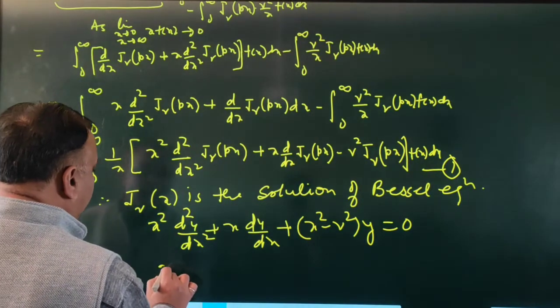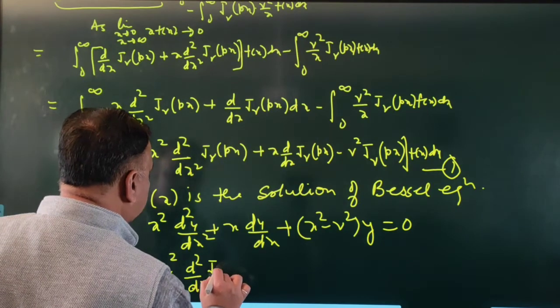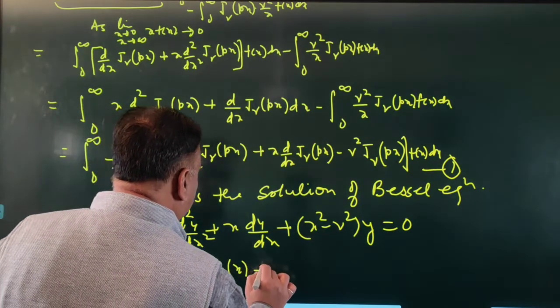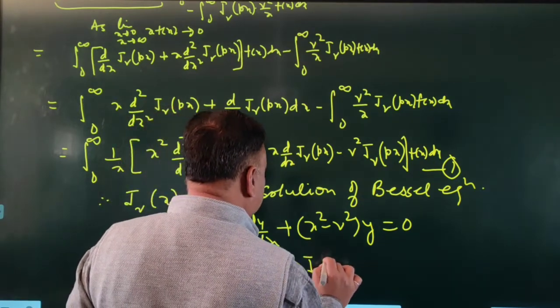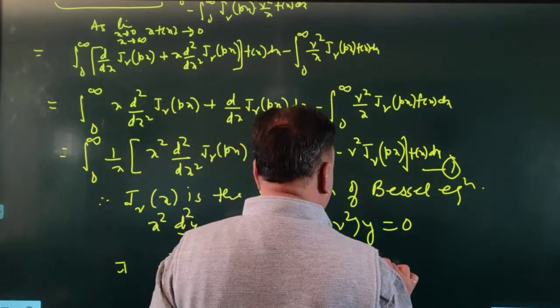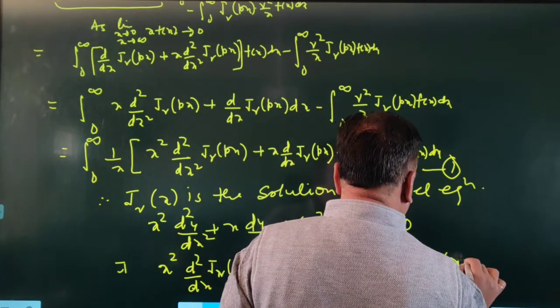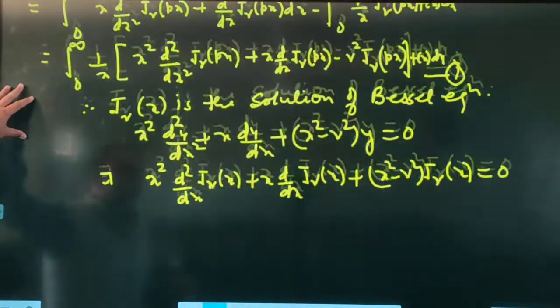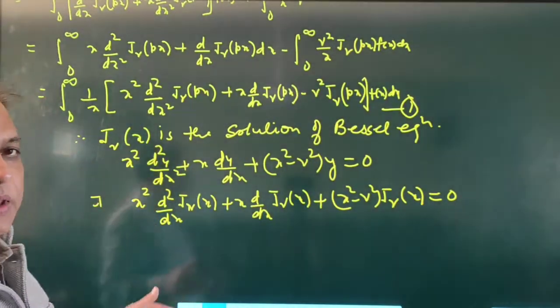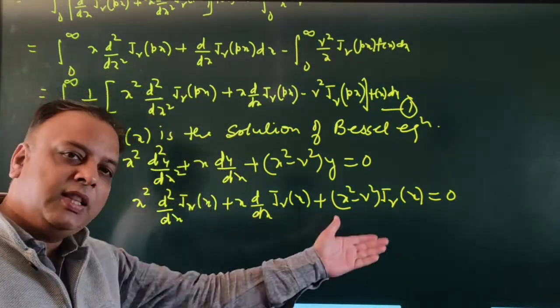So we get x square d2 by dx square of J nu(x) plus x d by dx of J nu(x) plus (x square minus nu square) J nu(x) equals 0. As J nu(x) is the solution of the given Bessel equation, it will satisfy the Bessel equation.